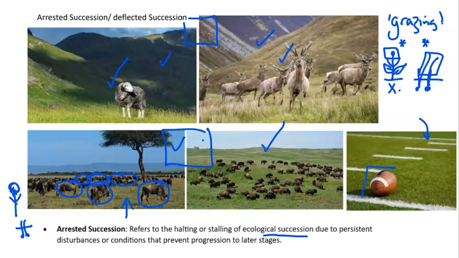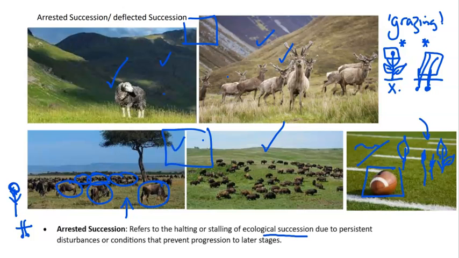And so your football field is an example of arrested succession as well, because if your ground staff were not to cut the grass in your school, the grass would grow taller, it would go into flower, and other broadleaf species would begin to take over and colonize the grasslands, eliminating the grass and replacing it with low shrubs and ultimately with trees.